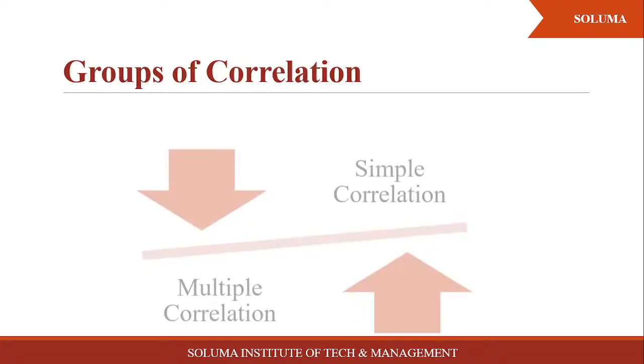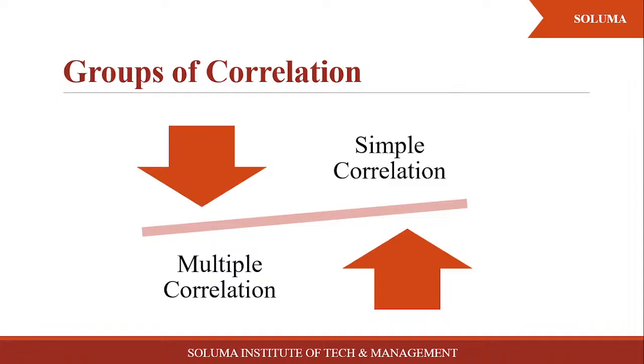We talked about the groups of correlation, where we have simple correlation and multiple correlation. Simple correlation has to do with two variables, checking whether there is a relationship between the two. Then once it's more than two variables, we are talking about multiple correlation.